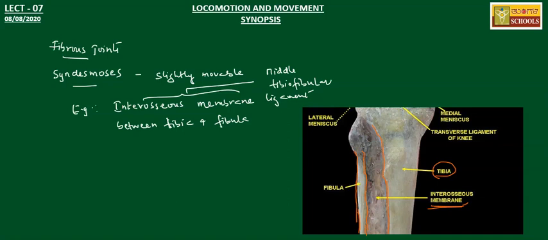Next we'll talk about gomphosis, the third type under fibrous joints. So another one are the gomphoses. These gomphoses are also immovable joints.